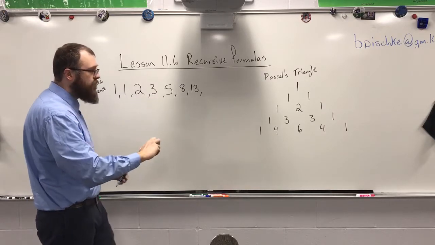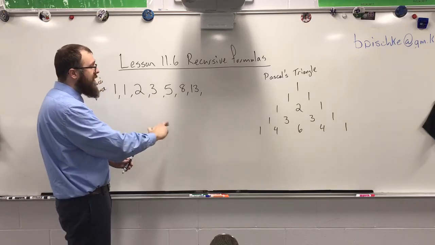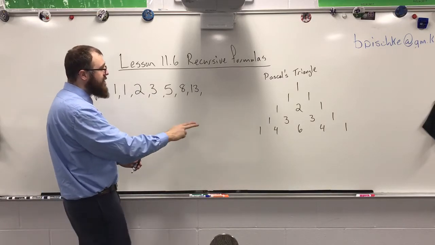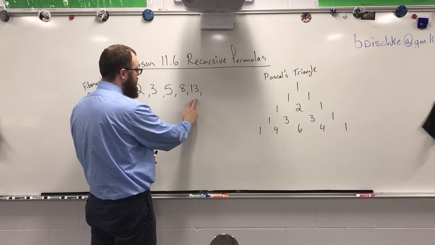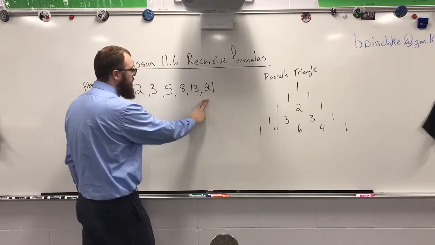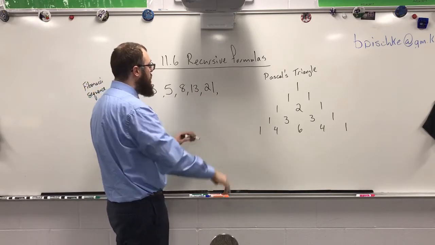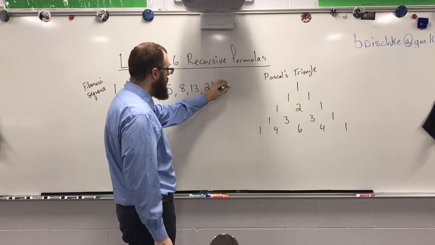The prior two terms added together give you the next term. So the next term beyond what Mr. P's done in his sequence would be 8 plus 13 gives us 21. And then to go a term further, we would do 13 plus 21, which gives us 34.